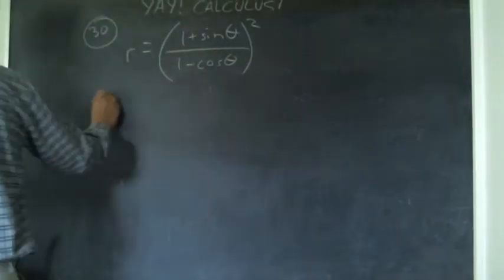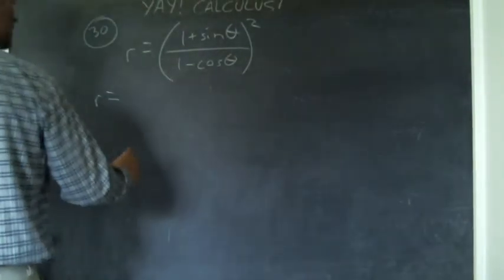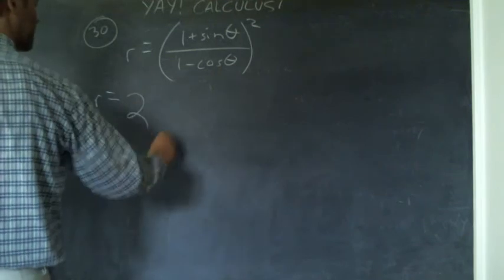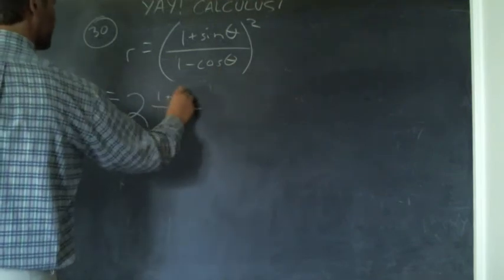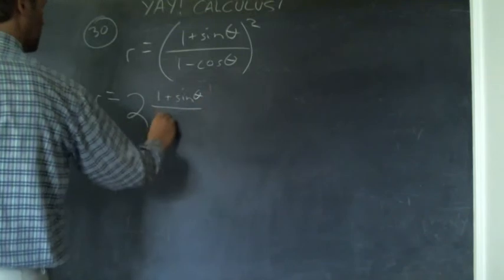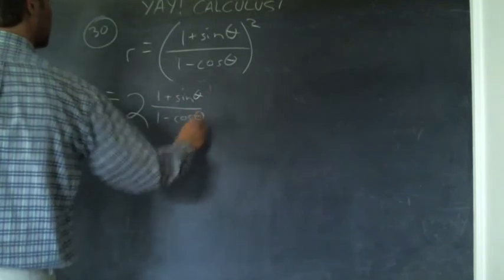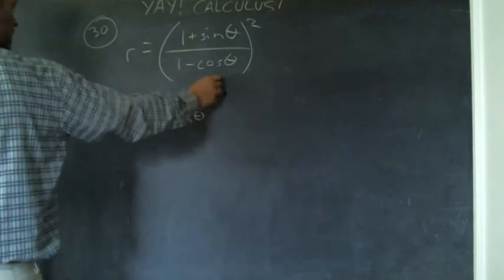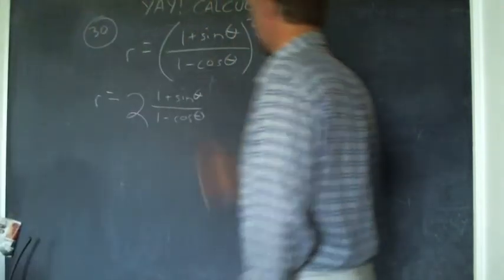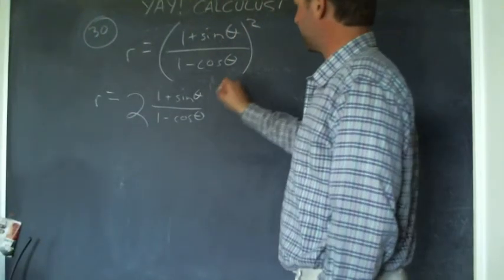So we're talking about r equals 2 times 1 plus sine theta over 1 minus cosine theta, all in parentheses to the 1, because the 2 dropping down, then times the derivative of this.